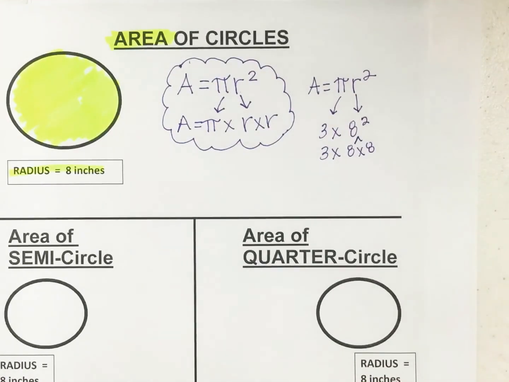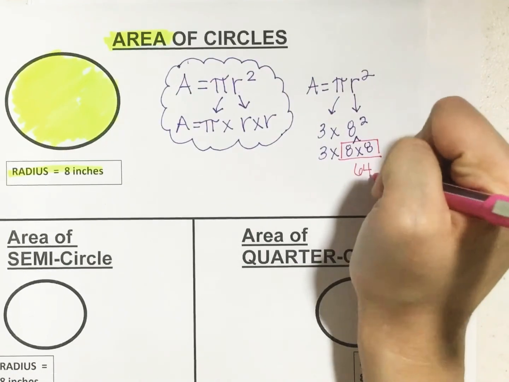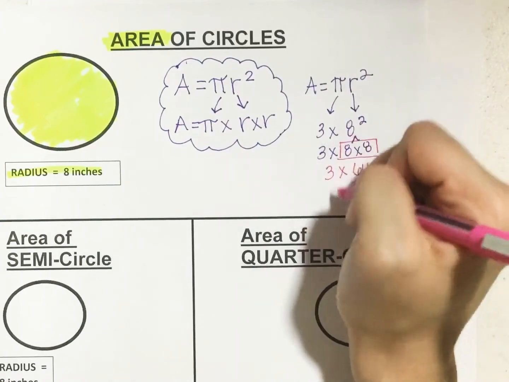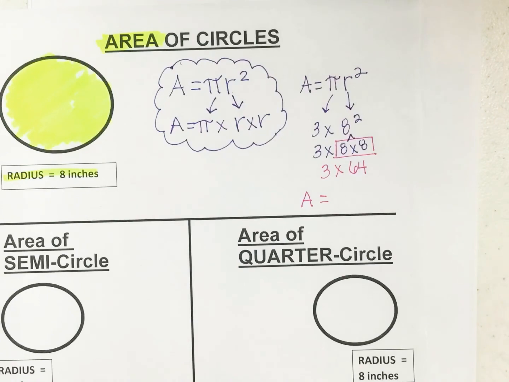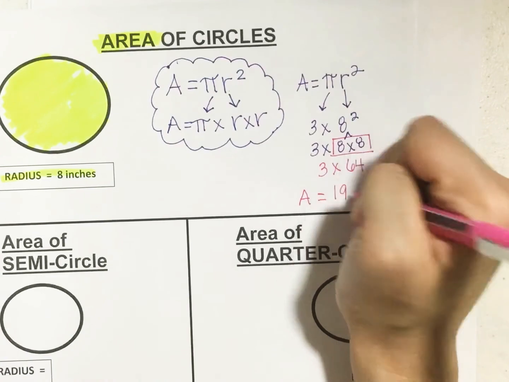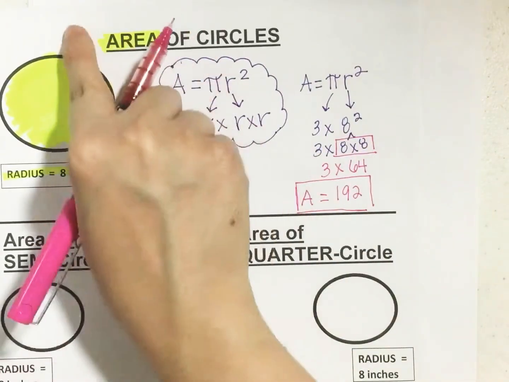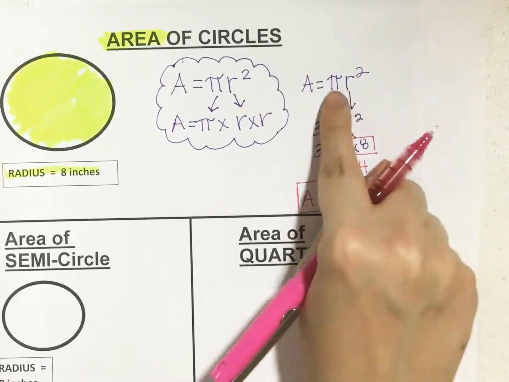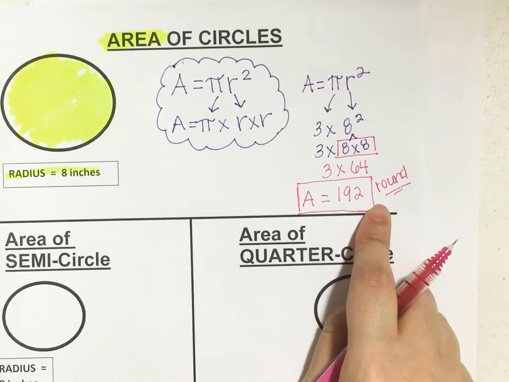We do this part first, 8 times 8, which gives you 64, and then times 3 from the pi. 64 times 3, I'm going to do the math in the calculator. That gives you 192. So my area of a full circle would be 192. But remember, since we use 3 for pi, we're going to have to round the answer, guys.